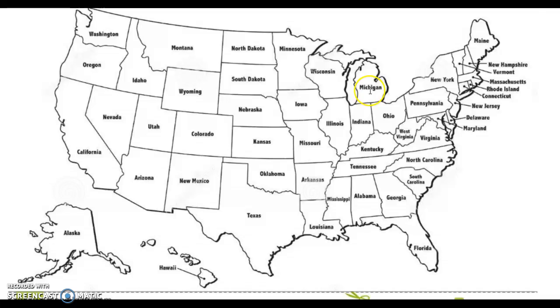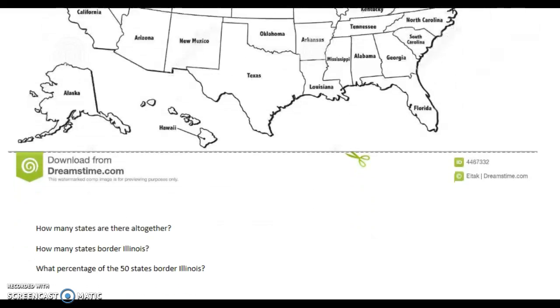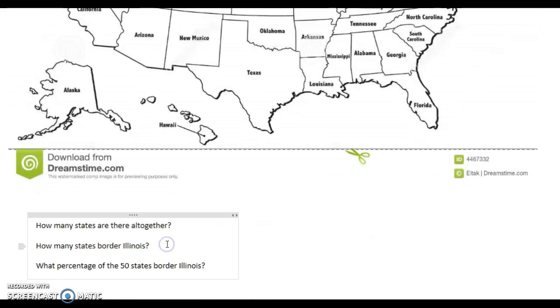Indiana, I would not count Michigan. Michigan does not actually touch it. And I think that's it. So there's 1, 2, 3, 4, 5 states that border Illinois. Okay. All right. So if I were to ask what percentage of the 50 states border Illinois, well, we know that would be 5 out of 50, right?